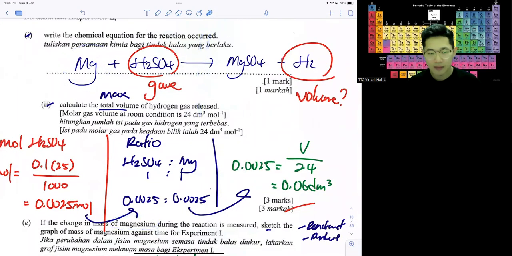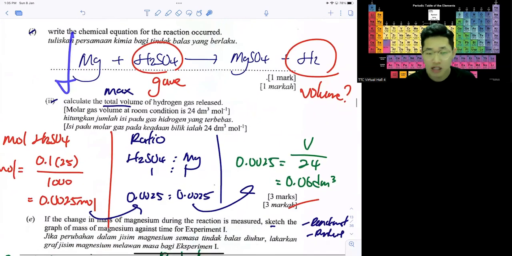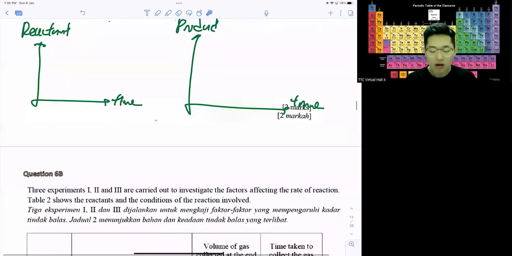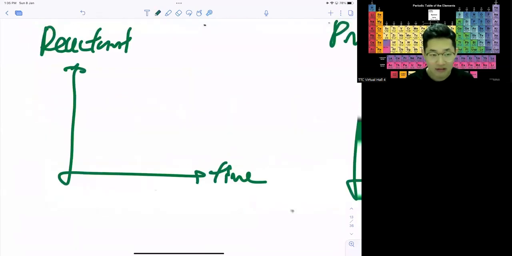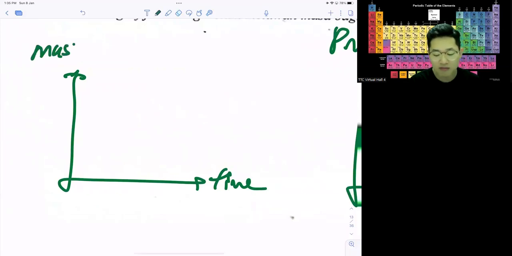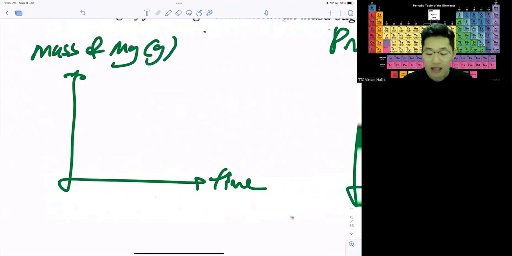Magnesium is a reactant. Reactant is the material. When you make something, the material will keep decreasing. Okay, reactant will always decrease, while the product will increase. So if it's a reactant time graph, let's say the reactant is mass of magnesium, then we just change it to mass of magnesium. Then the curve is supposed to go down.